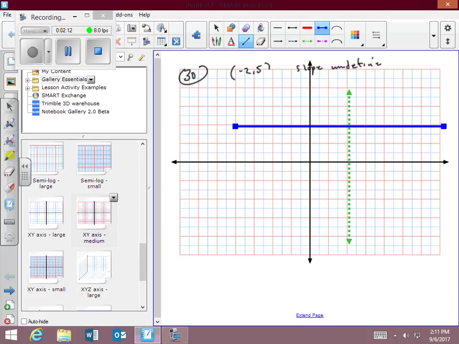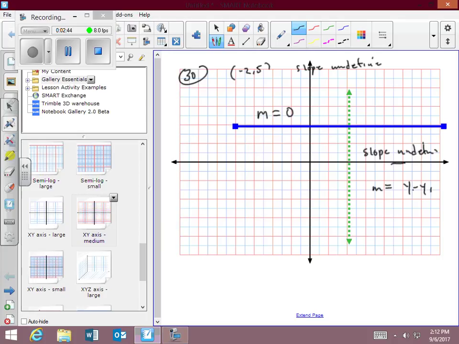Okay, so did you hear? She said correctly that the slope of this horizontal line is 0 and the slope of this vertical line is undefined. Because as you said, when you calculate the slope for this line in this formula, you'll find that the denominator is 0.